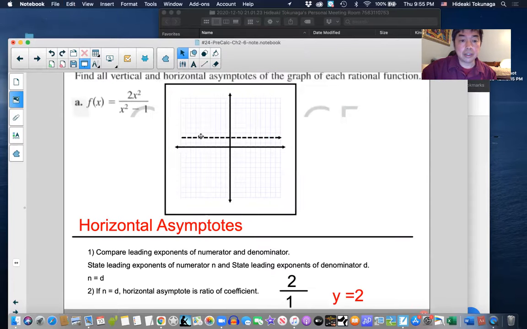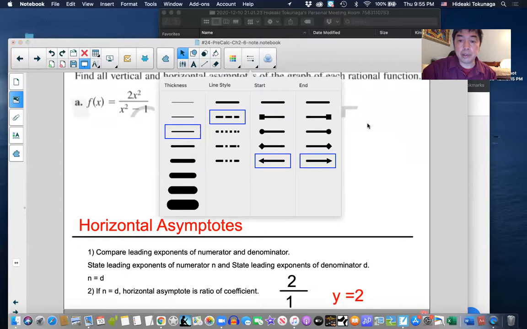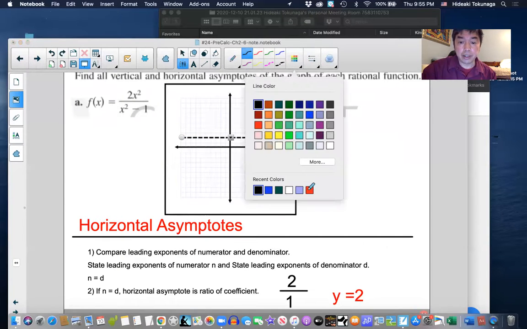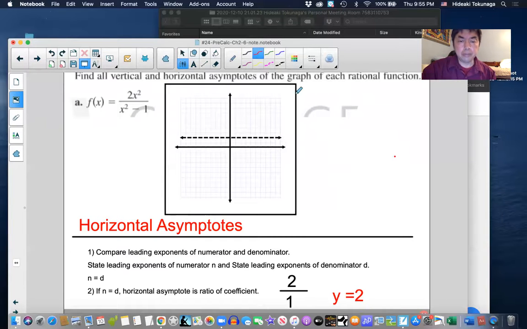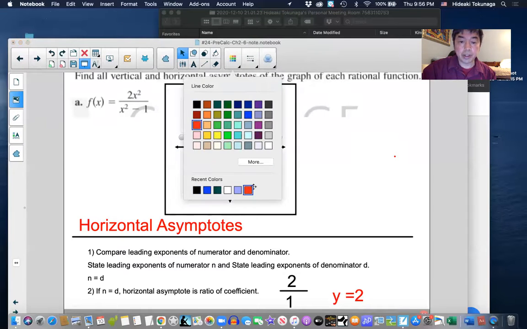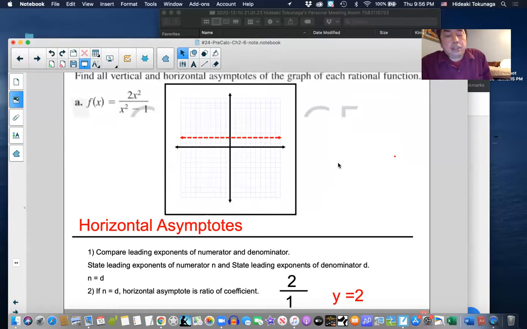So this is the horizontal asymptote. So I should go this way. Now I will change the color to red. Let me see again. Red color. Right here. Okay, that's the horizontal asymptote.